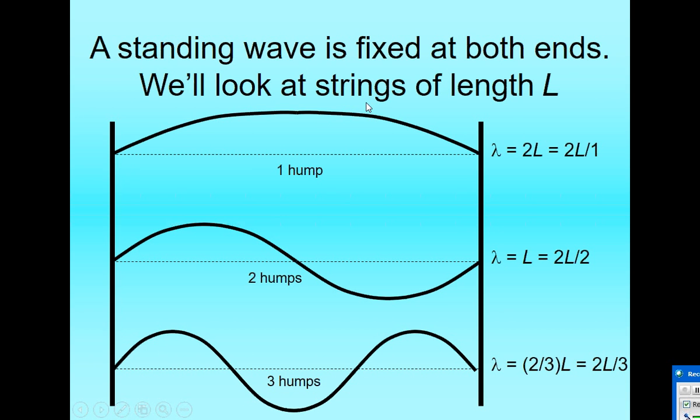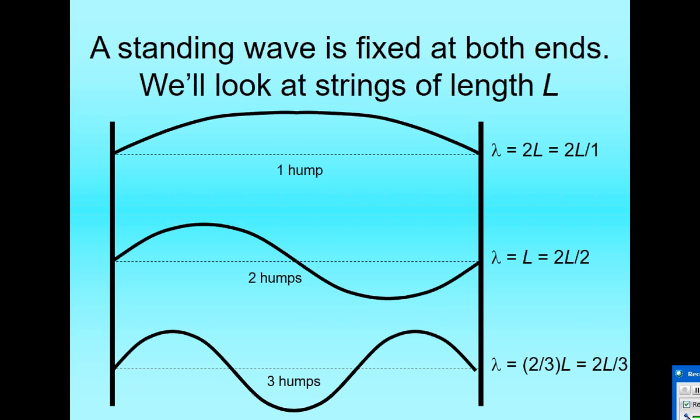The entire wavelength would be it oscillates up, and then it oscillates down, and returns back to equilibrium. The entire wavelength would be twice the length of the string. In the two-hump case, we see exactly one full wavelength, and so the wavelength is equal to the length of the string L.